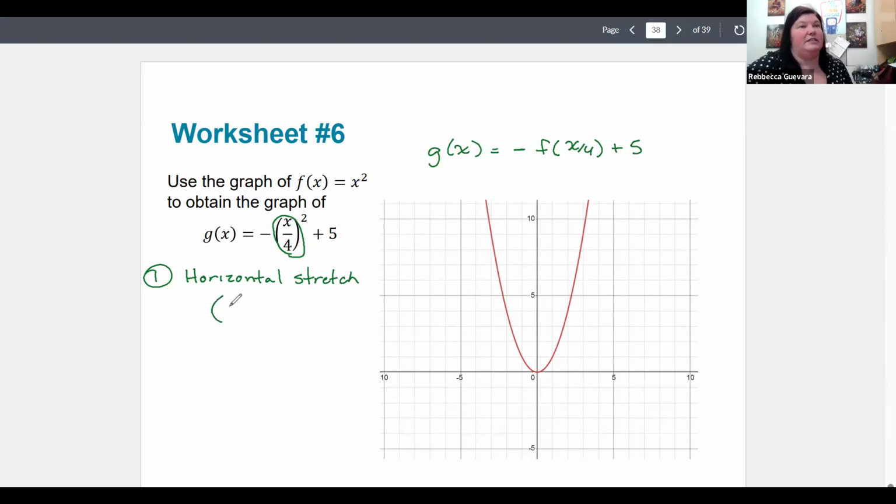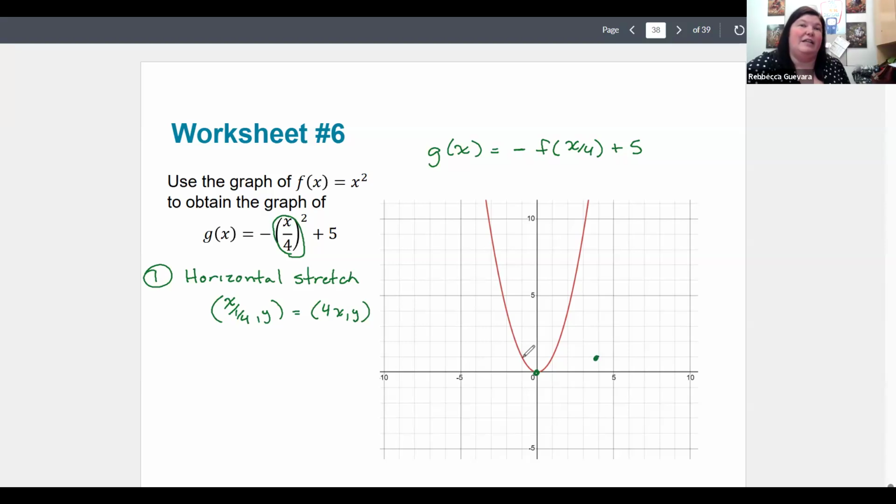And what we're going to see here is that we're going to have x and divide it by 1/4, which is just going to turn into 4x. So all my x components, this is 0, 0, x is 0. This point right here, this is 1, 1. So x is at 1. It's multiplied by 4, so it stretches out to here.